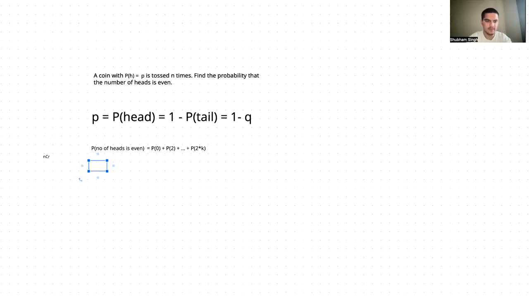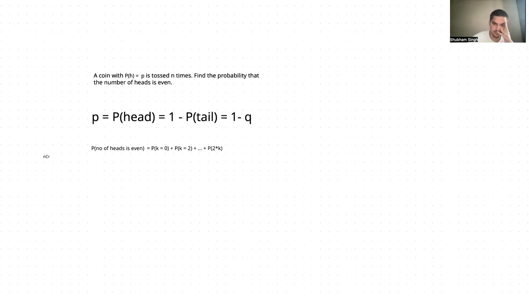So the probability of the number of heads would be something like this, where P of k equal to 0 is the probability that we have 0 heads, P of k equal to 2 is that we have 2 heads, and so on.